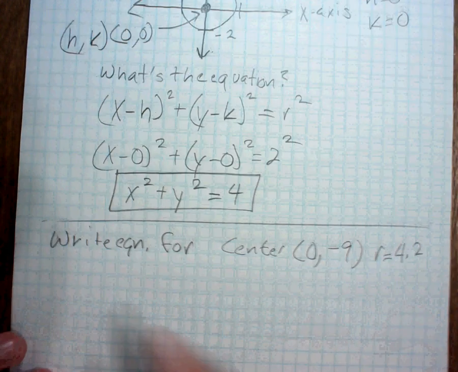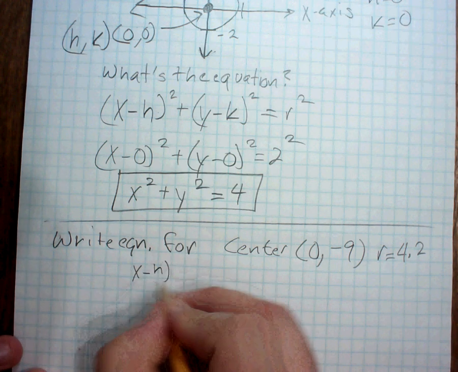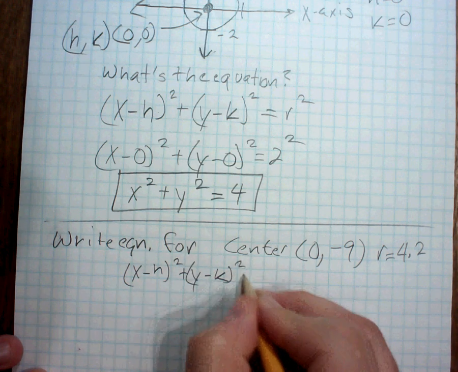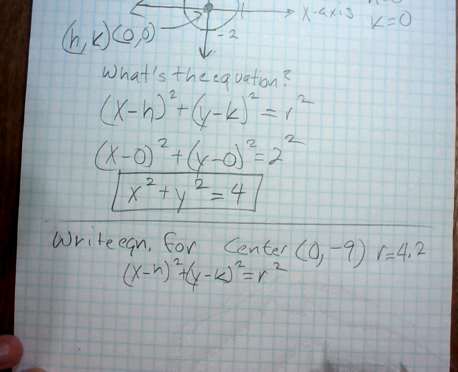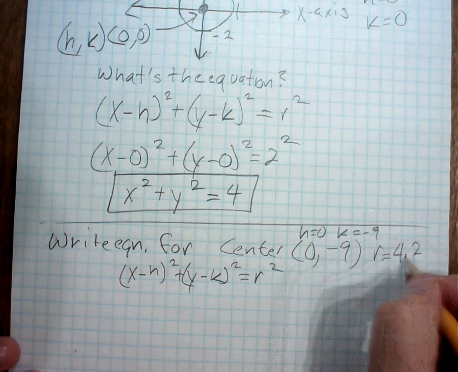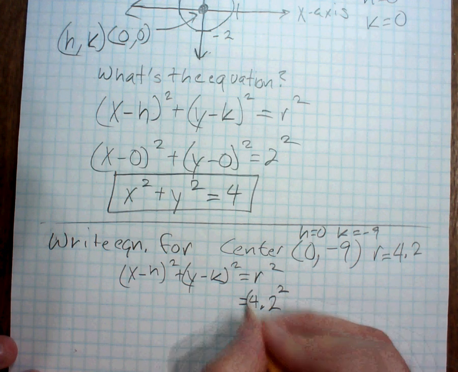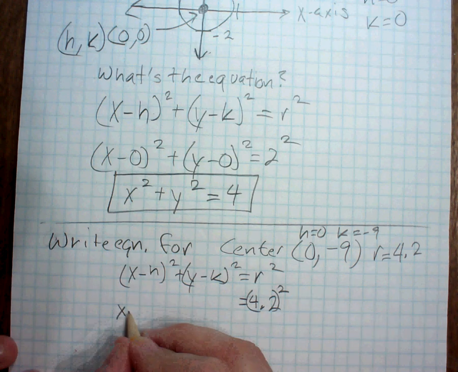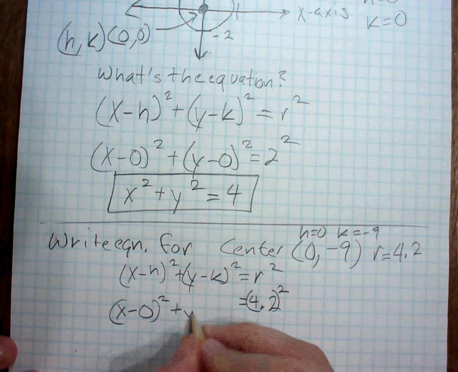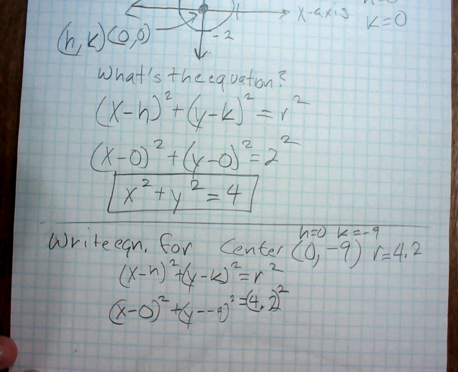We start off with our regular formula x minus h squared plus y minus k squared is equal to r squared, where h equals 0, k equals negative 9, and r equals 4.2. So this is 4.2 squared. And then I've got x minus 0 squared plus y minus negative 9 squared.